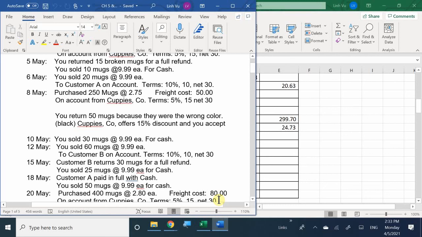All right. So then what has happened next on May 12th? Mugs. You sold 60 mugs at $9.99 each. To who? Customer B on account terms. Good. So in this case, what am I going to be journalizing?